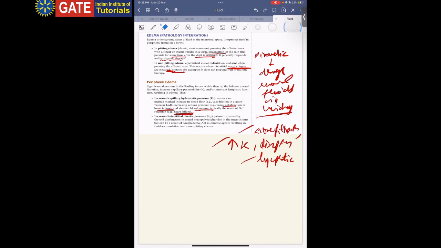If there is an increased interstitial oncotic pressure, most commonly it is caused by thyroid dysfunction, because there will be increased mucopolysaccharide in the interstitium that will increase the oncotic pressure. But it can also be a result of lymphedema.